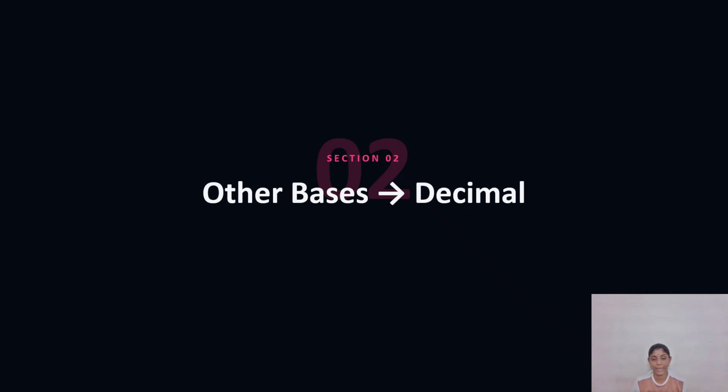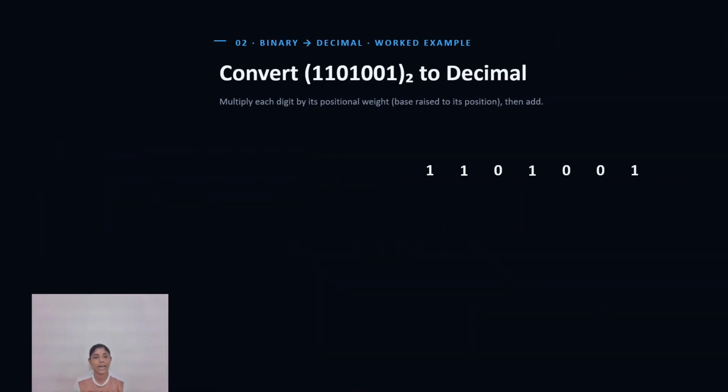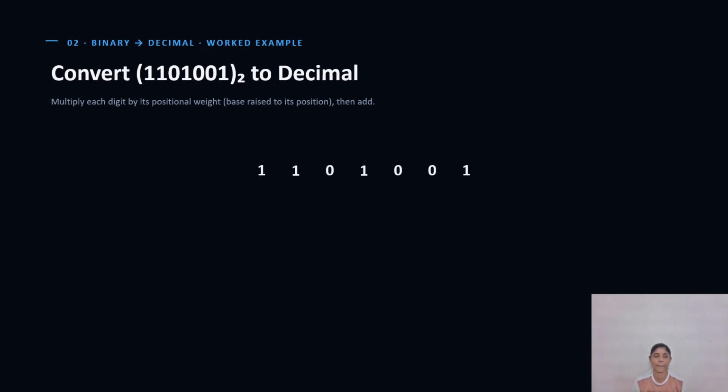You multiply these two and add the resulting numbers. Here I mentioned the positional weight: multiply every digit by its place value and sum those values. We will see how it works. First, binary to decimal. What are the other bases except decimal? Binary, octal and hexadecimal. We will see one example per representation.